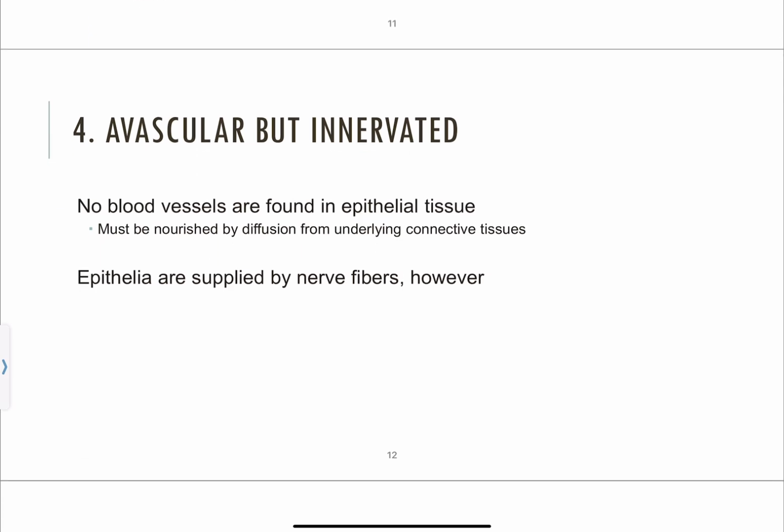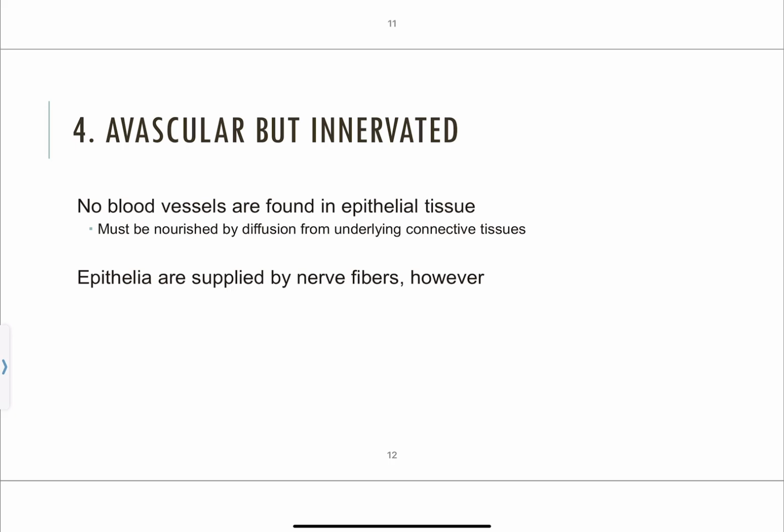We talked about another characteristic being avascular but innervated. Avascular means that there are no blood vessels found in the epithelial tissue. However, anytime we're replicating or dividing our cells, we need some source of nutrients, and we get the nutrients from blood.